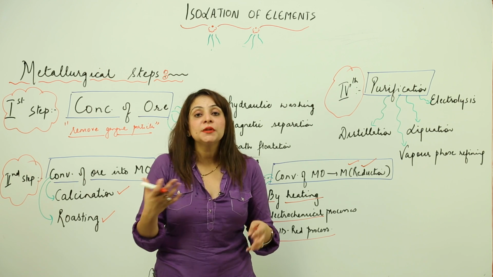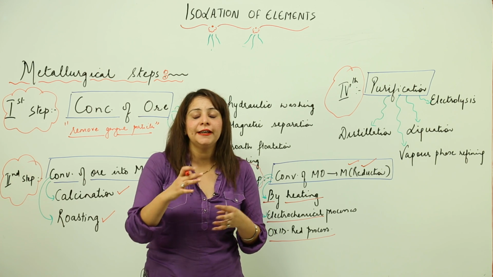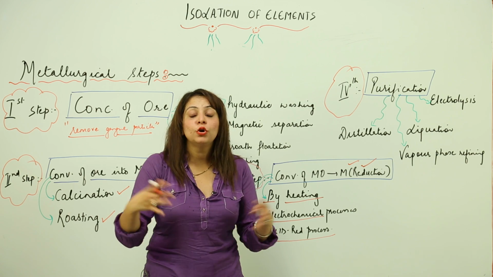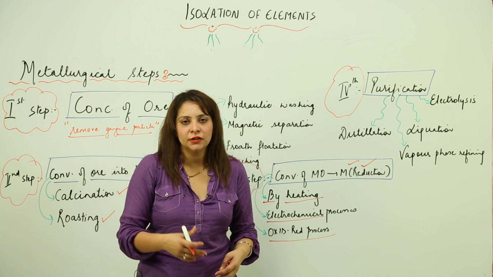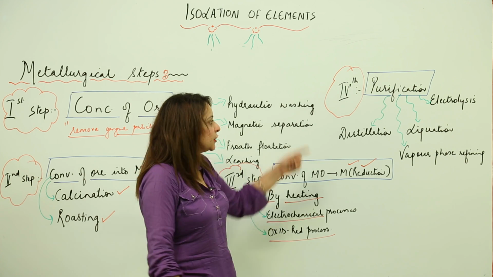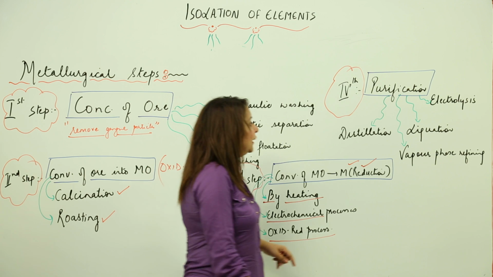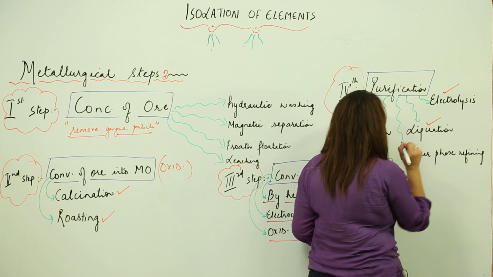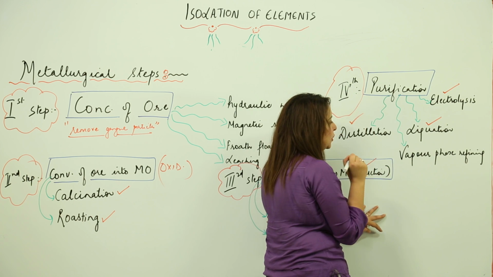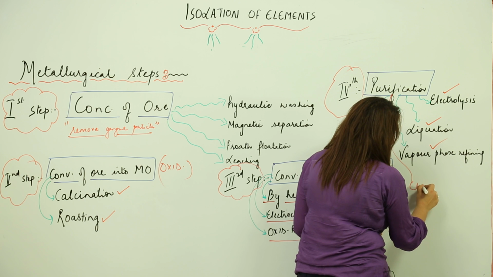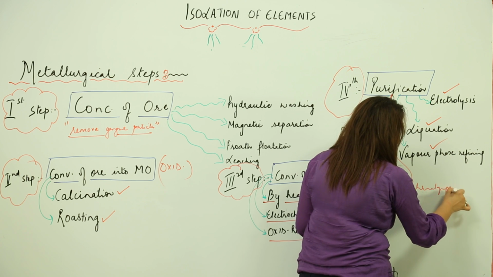As per the demand of the public, the purified metal is converted into different forms, so that you can go to the market and ask for the desired shapes or forms. You can purify by electrolysis, liquefaction, distillation, and vapor phase. Moreover, we have one more chromatographic technique, which we'll take up later.